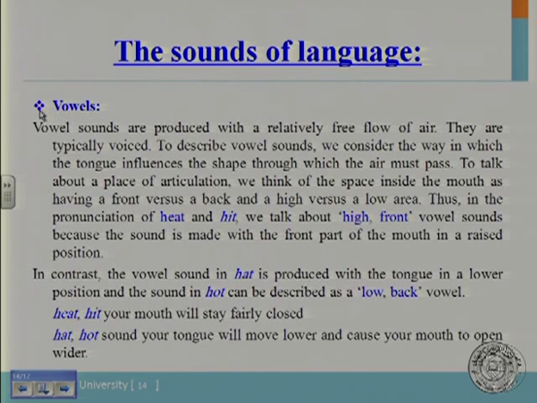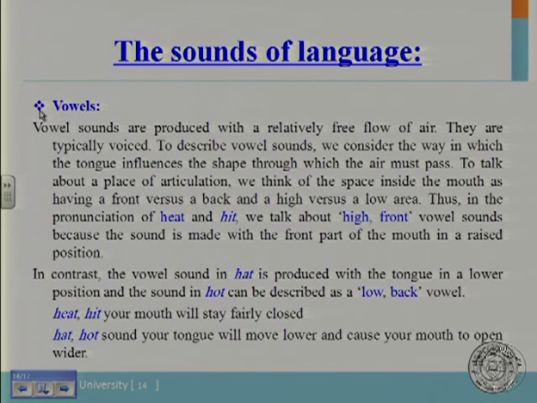So we have two positions: front and back, and high and low areas. Thus, in the pronunciation of, for example, the words heat and hit, we talk about high front.